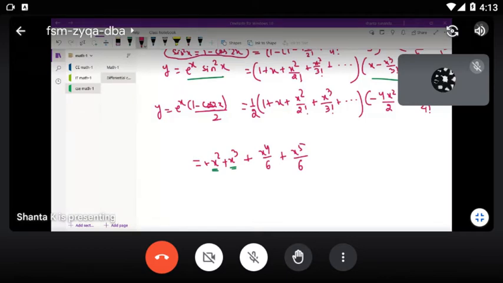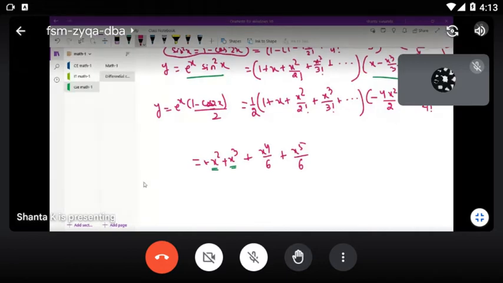Okay, so you can do it like this. And one last thing, let me write. Okay, you will do it using Maclaurin series.